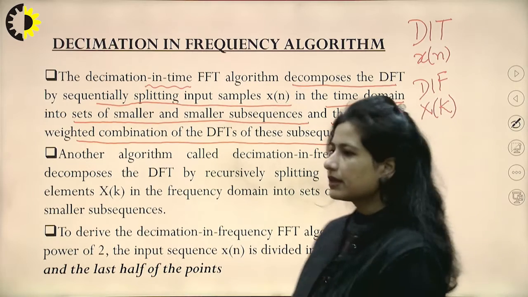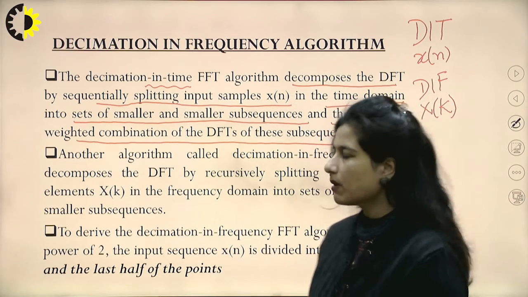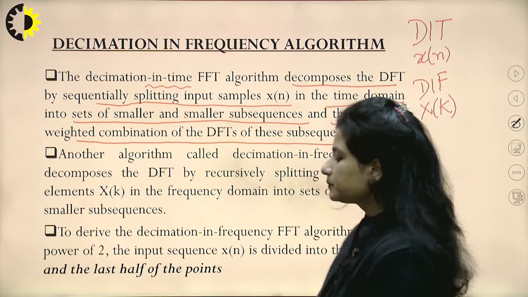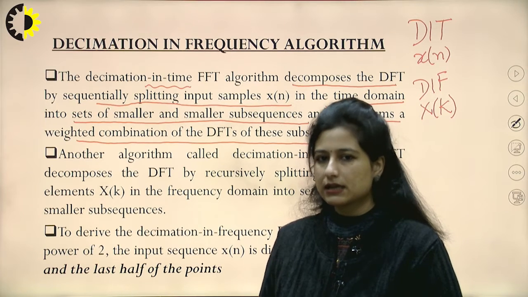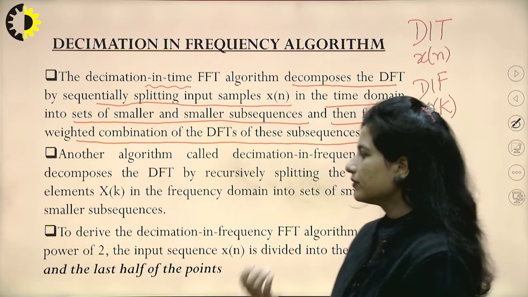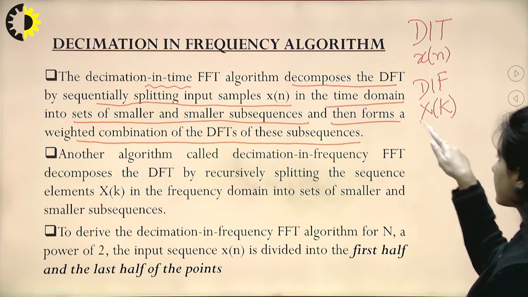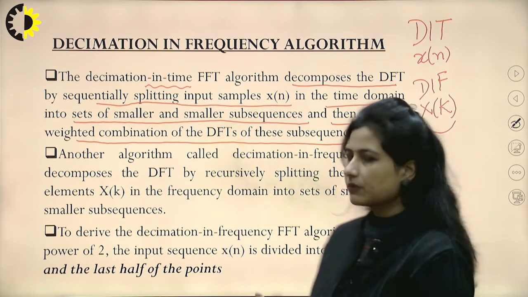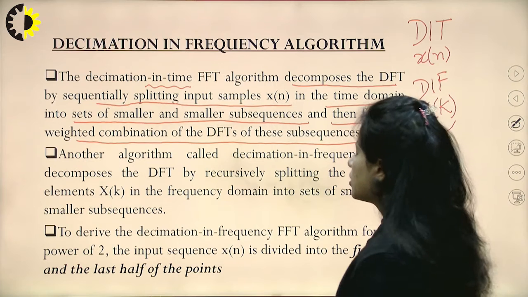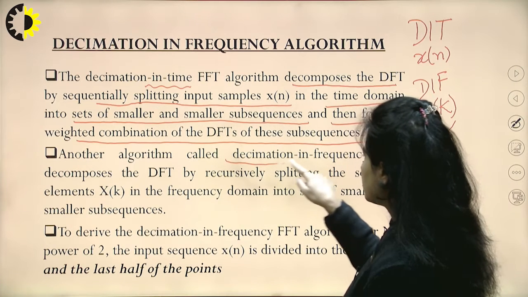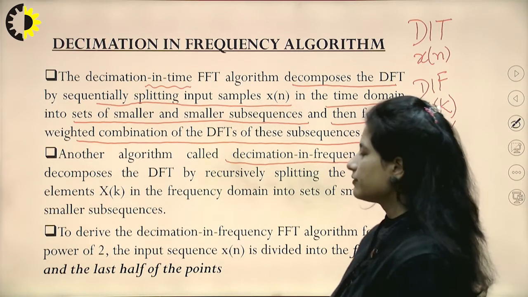So everything that we had discussed in the last session about decimation in time would be a completely same process but in the reverse direction. We'll be starting with X[k] samples and start subdividing the sequence. So the second algorithm that we are going to discuss is decimation in frequency.